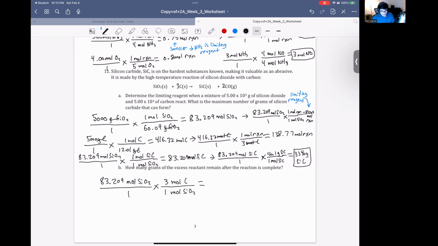So let's see how much gets used. Right, so 249.627 moles of carbon are used up. So now I'm going to go ahead and subtract from how many we actually had. We had 416.32 moles of carbon.